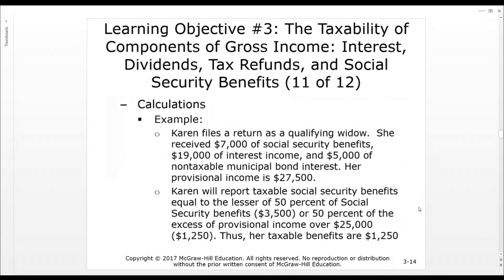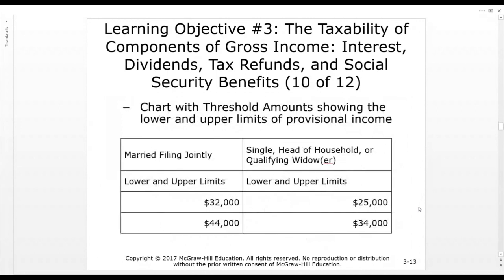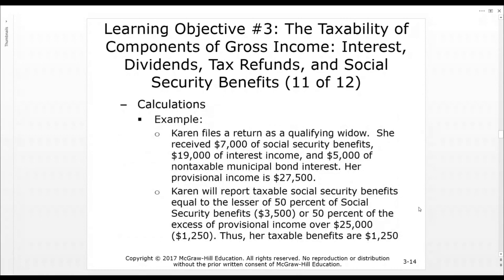Because we reach certain thresholds of over the amount, right? So if you're single, that person made over $25,000 based on this income of $27,500. So they made more if you add everything up.